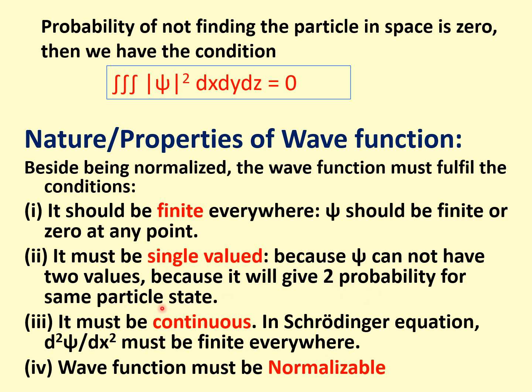That is not possible. It must be continuous. In the Schrodinger equation, d2 psi by dx square must be finite everywhere, and the wave function must be normalizable. So there are basically four properties. It should be finite, single valued, continuous, and normalizable.